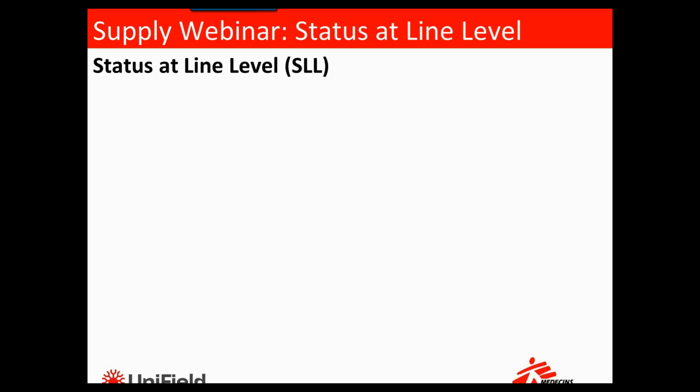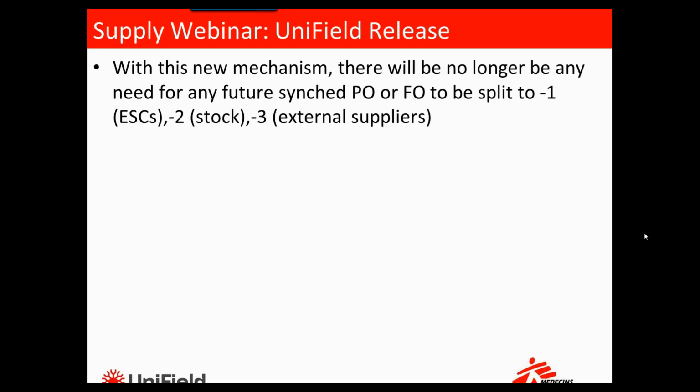There's a little bit of information I still want to explain. So with this new mechanism, with the status at line level, there will no longer be the need to have, in the field orders and purchase orders, a dash -1 to indicate these are items that are bought from an EAC, meaning maybe APU, or -2 indicating these are things that are coming from stock, or -3 indicating these are things that have been purchased from external suppliers.